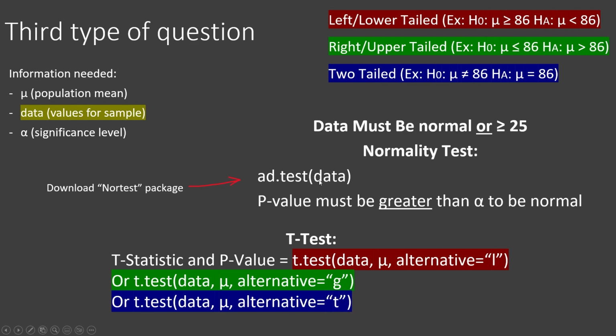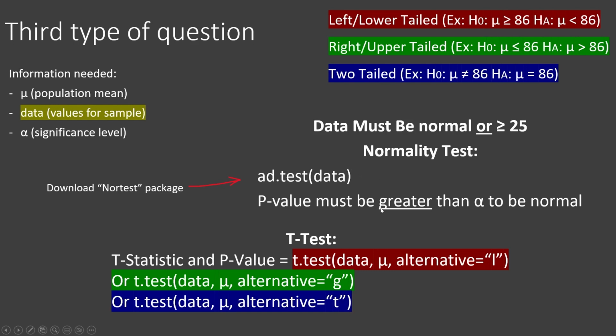So this doesn't have to be named data, it can be whatever. Whatever your data is named, you just do that to the ad.test. And you'll get a p-value, and as long as the p-value is greater than alpha, then your data is considered normal, all right? And this is a pretty important thing because later on you'll also have to be doing this. But yeah, you can do that.